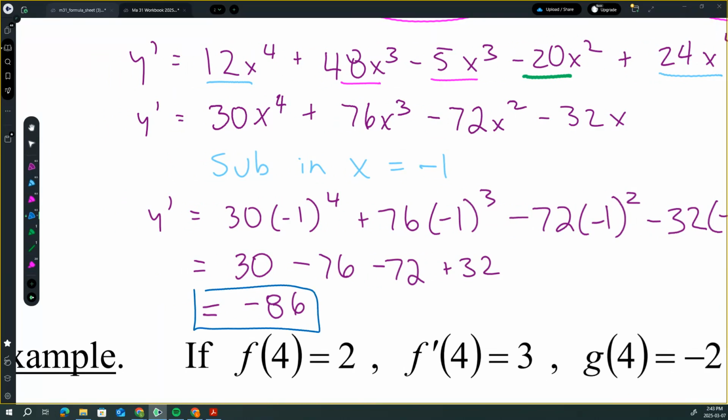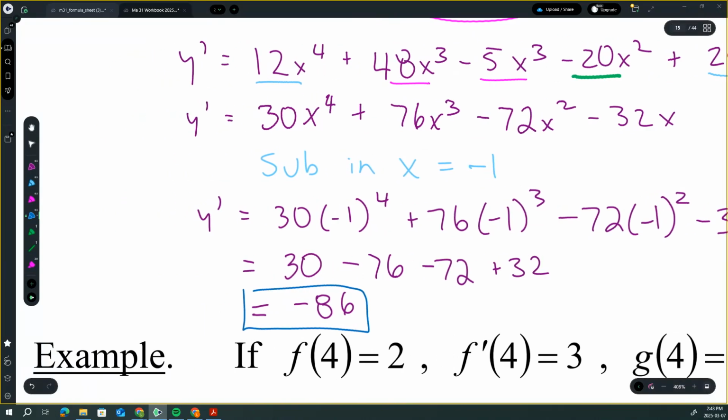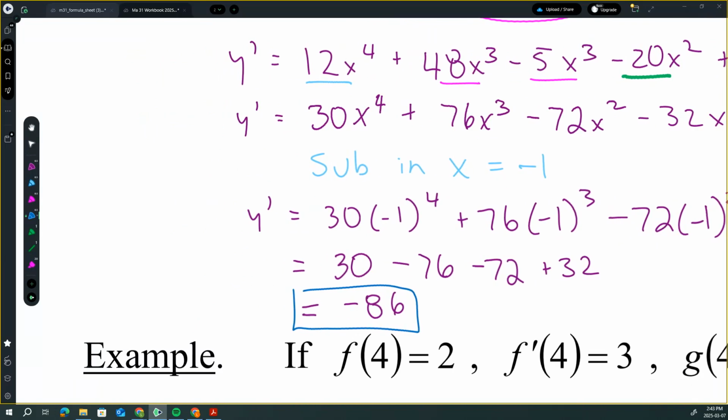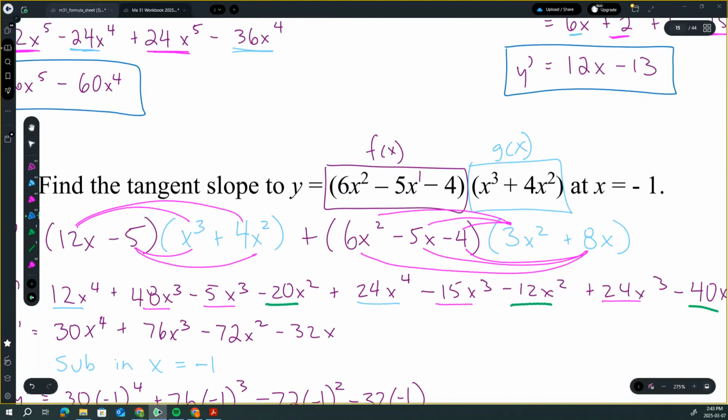Okay, so what does this number mean here? This value, this negative 86, is the slope of the tangent line at x is equal to negative 1 on this function that we've been given.